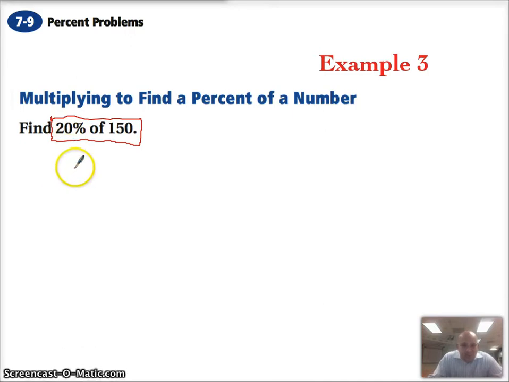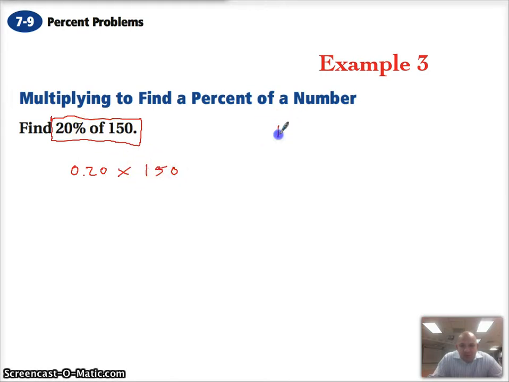Well, in terms of a decimal, we know that 20% is 20 hundredths, 20 per 100. That can be written this way, 20 hundredths. We know "of" can be replaced with the operational sign of multiplication. 20 hundredths of, which is times, and then 150.